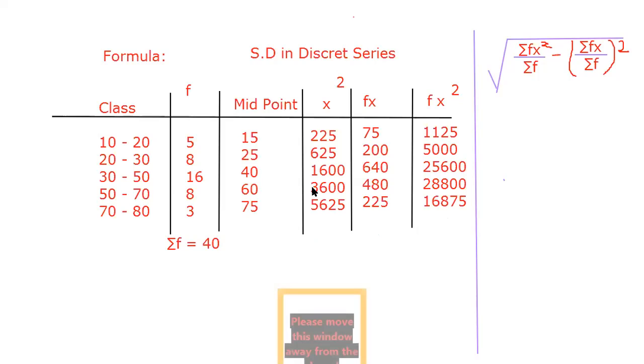Okay, so what is our sigma fx? We need to add 75 plus 200 plus 640 plus 480 plus 225. That is our sigma fx, that is 1620.